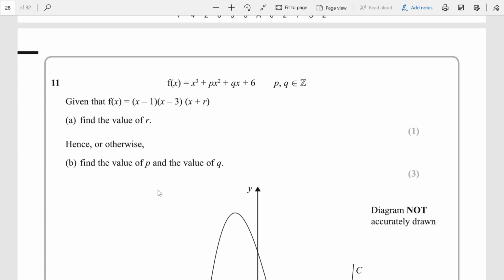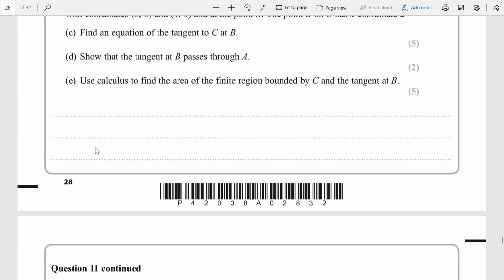Alright, so we've got this question here. Given that f(x) is (x minus 1)(x minus 3)(x plus r), find the value of r, 1 mark. Okay, so this indicates to us pretty clearly that there's an easy way to go about doing this.